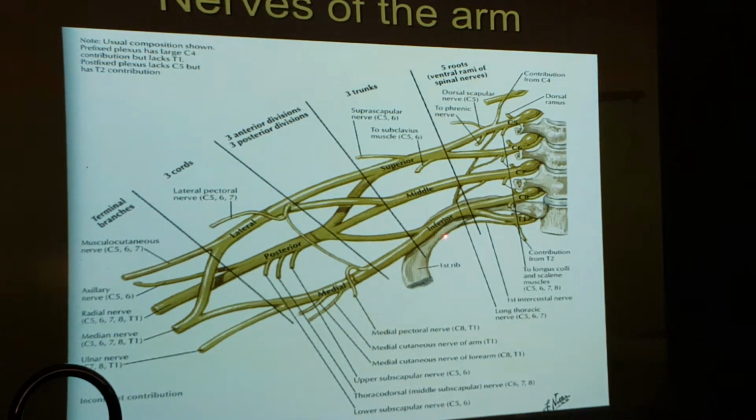Okay, brachial plexus gives rise to some nerves we'll be learning today: musculocutaneous, axillary, radial, median, and ulnar. Those are all lab words for today. Are the 5 branches that come out of the brachial plexus.